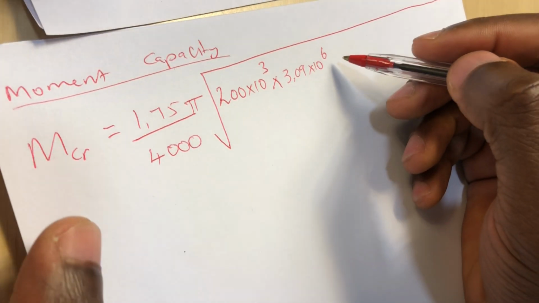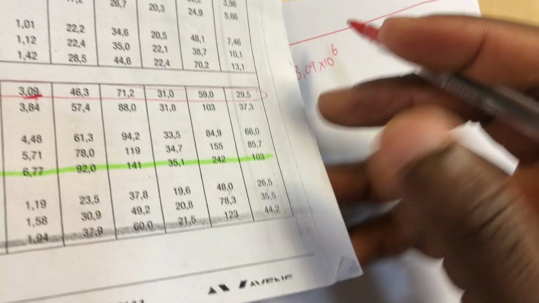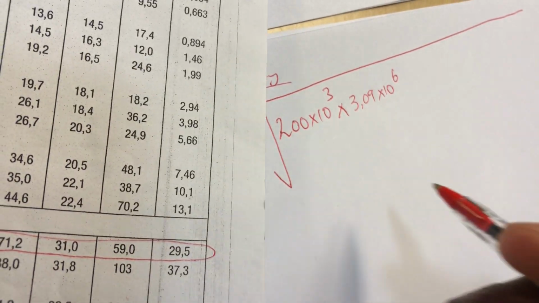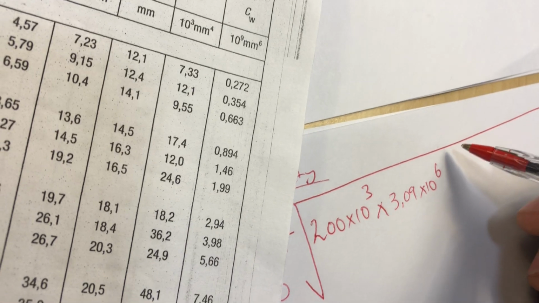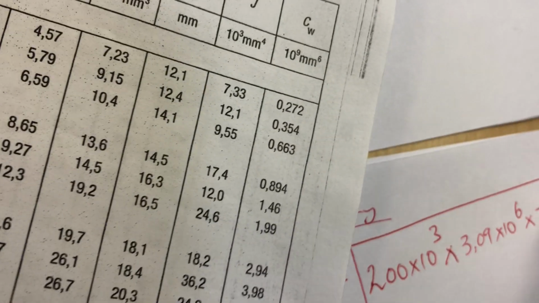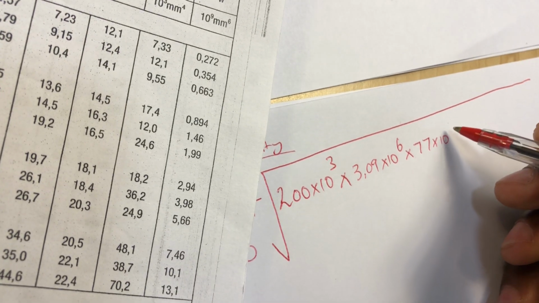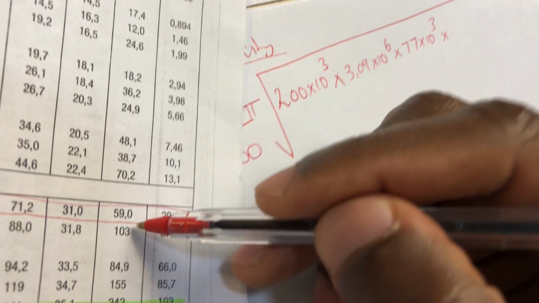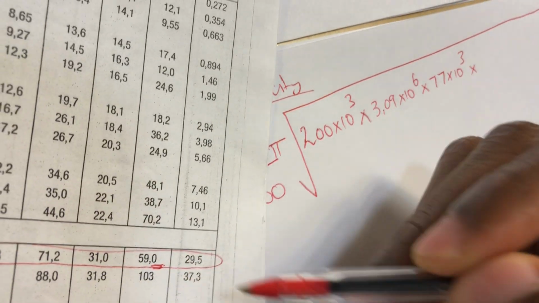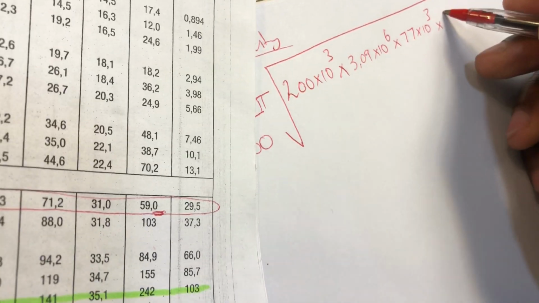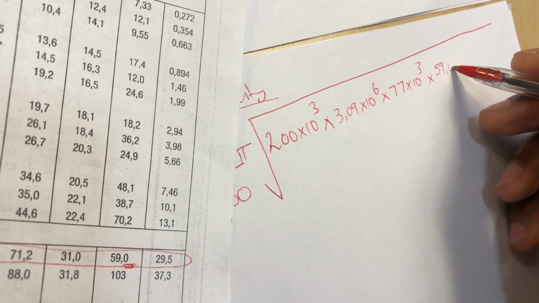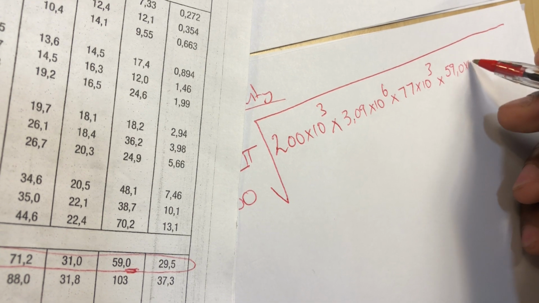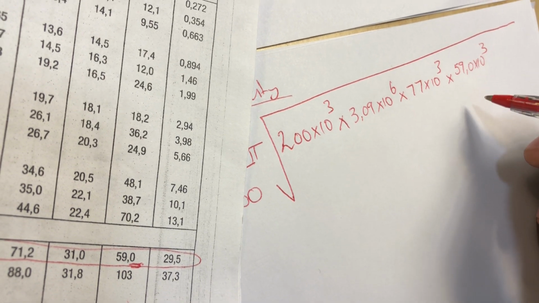And then you times it by your G, which is 77, and this one is also standardized, 77 times 10 to the power 3 times J. You get it from your table, which is 59.0 times 10 to the power 3.